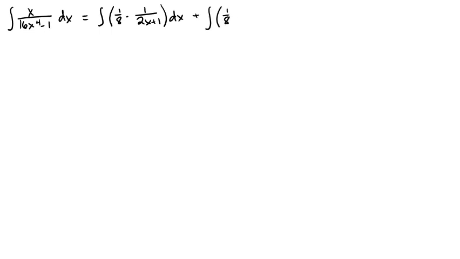Here we go. So the original integral was the following. Well, we end up with 3 separate integrals. The first one is 1/8 times 1 over 2x plus 1. The second is the integral of 1/8 times 1 over 2x minus 1. The third integral is the following.